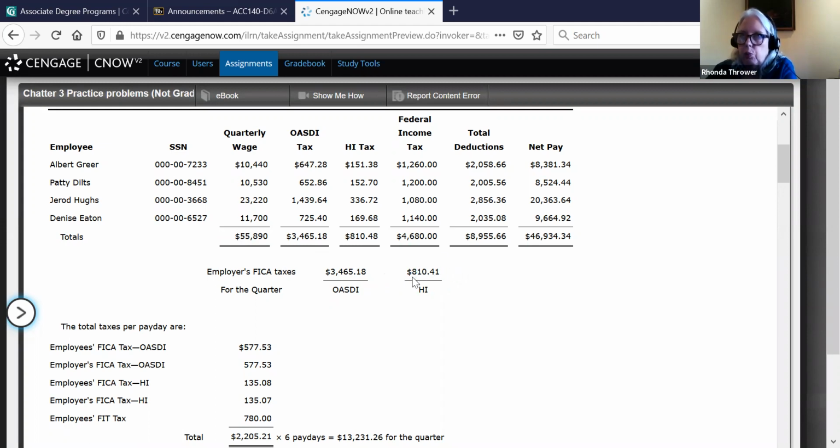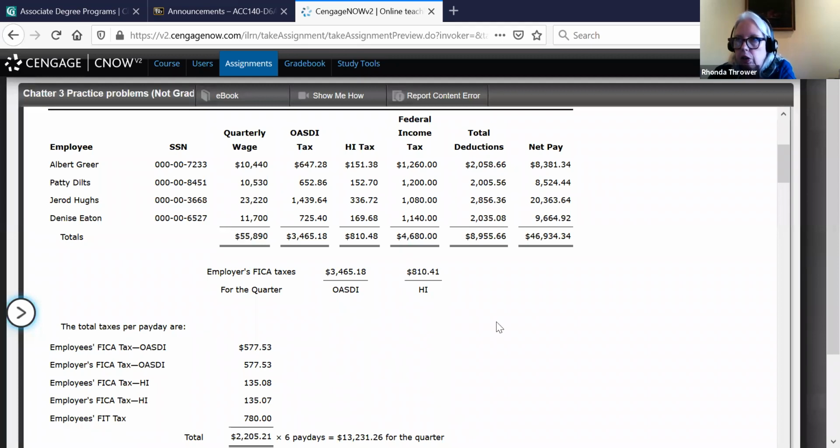For the Medicare portion, they're going to take the quarterly wages and multiply it by 0.0145. Notice that they have a rounding error. Notice this was the HI taxes that were withheld on each employee, then added them together, and this is the part that the employer matched it with. That was where the fraction of cents comes into play.